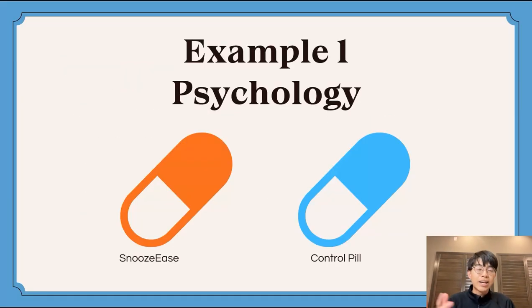So our first example is in psychology. Let's say a company called Snoozies came out with a new pill that was supposed to help people sleep better. Well, in order to test whether it works, I would need to get a large group of participants, and then I would give them either the Snoozies pill or a control pill. Now, the control pill is just a pill that looks like a pill. There's nothing actually inside. But the participants don't know which pill they've been given. After 7 weeks, I would ask the people who I know took the Snoozies pill, hey, did you sleep better?